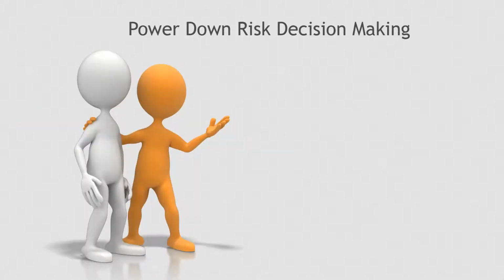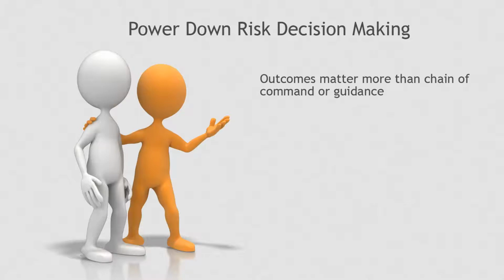The second thing you can do is power down decision making. With risk-informed decision making, outcomes matter more than the chain of command or compliance with every bit of guidance. A concerted effort to let the people closest to the outcome make the decision will be rewarded by better outcomes.